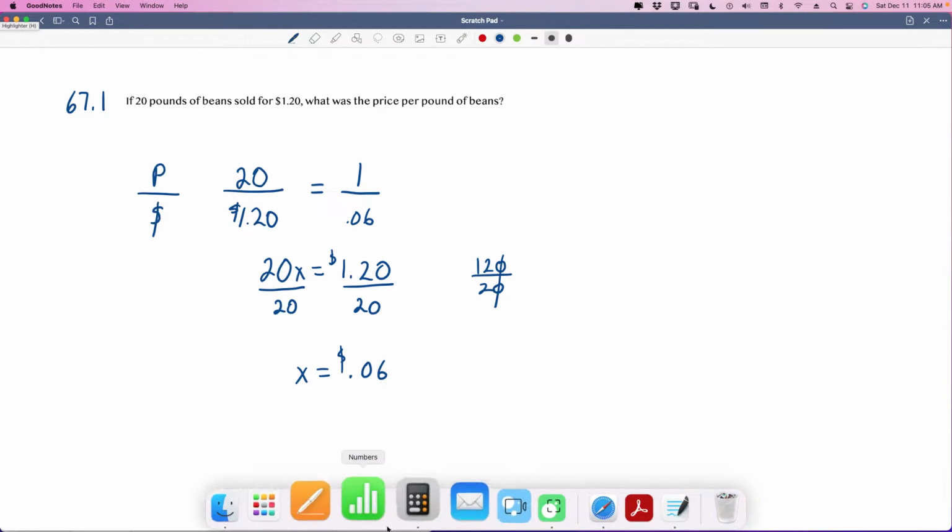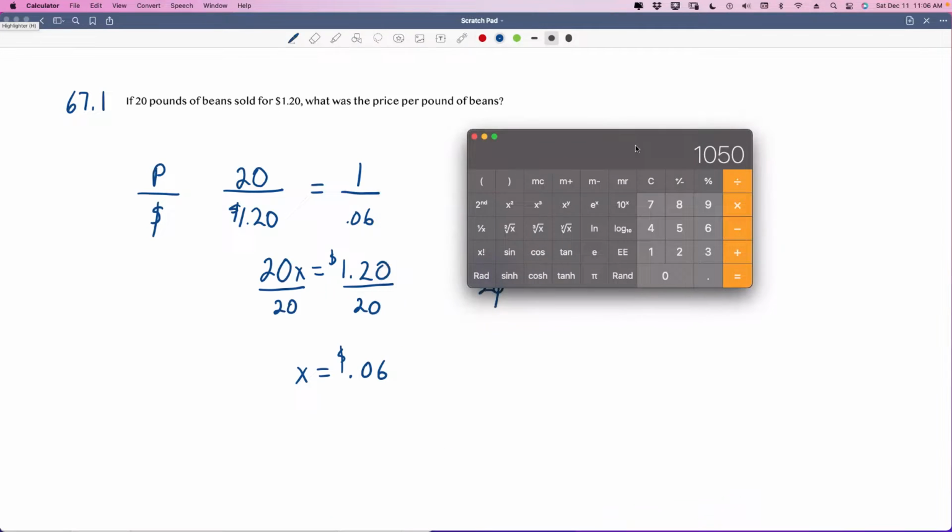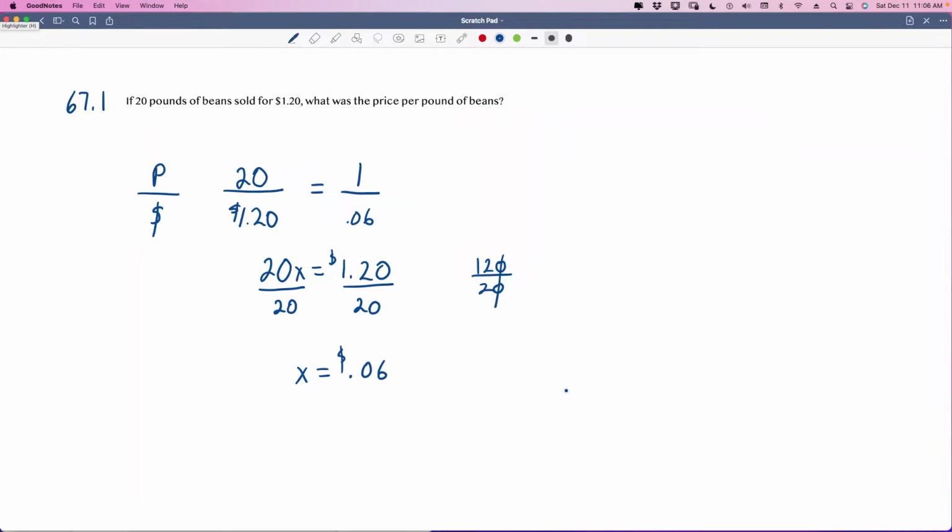And if we pull up our calculator, we can say 20 times 0.06 is $1.20. So there we go. The other thing you can do is just use your calculator. 1.20 divided by 20 to check your work is 0.06. So that is correct.